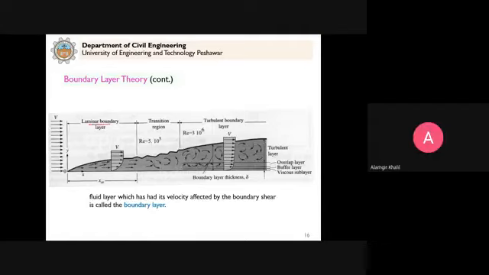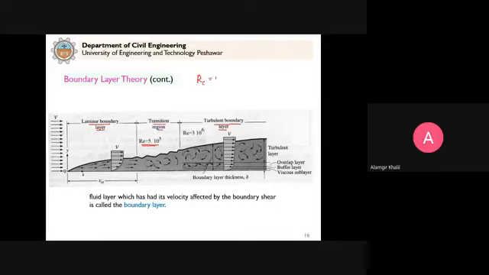So we have the laminar boundary layer here, and we have the transition region, and then we have the turbulent boundary layer here. In case of boundary layer, the critical Reynolds number is 5 into 10 power 5. This is the value adopted, at which the boundary layer will change from laminar to transition and fully turbulent.